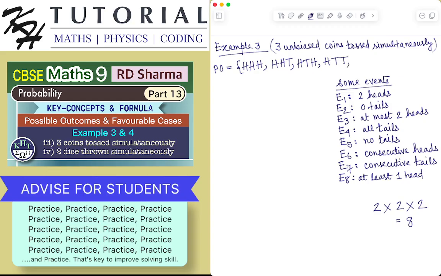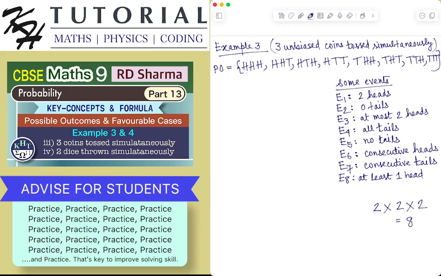Now if the first coin shows tail, we will have similar outcomes just like the first 4, but the first coin will be tail. So tail head head, tail head tail, tail tail head, and tail tail tail.